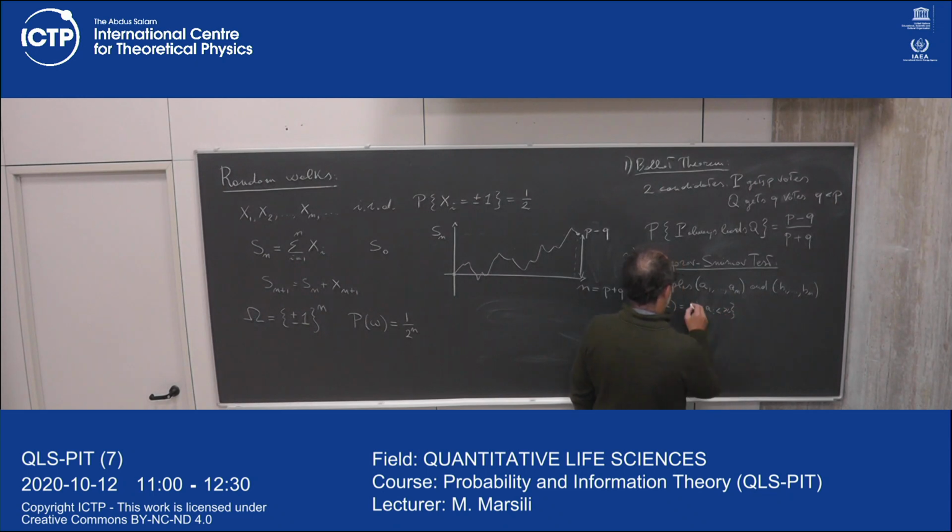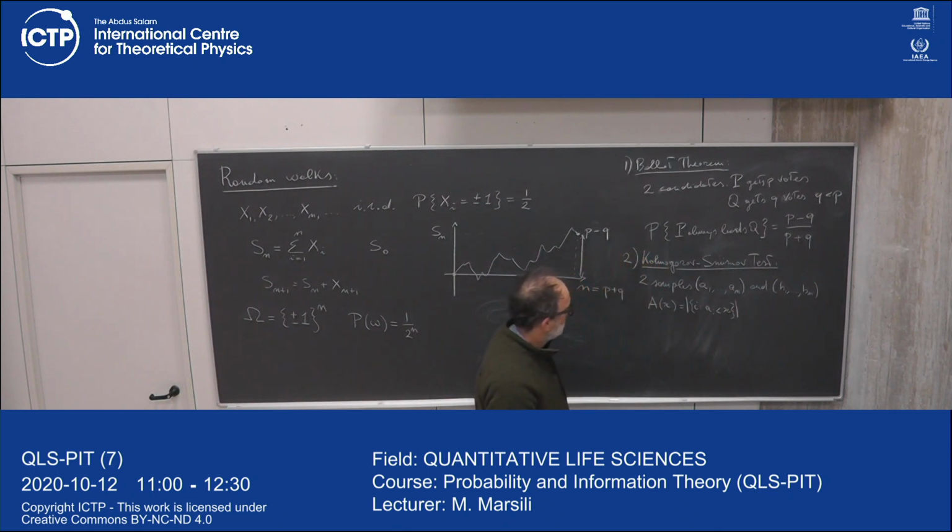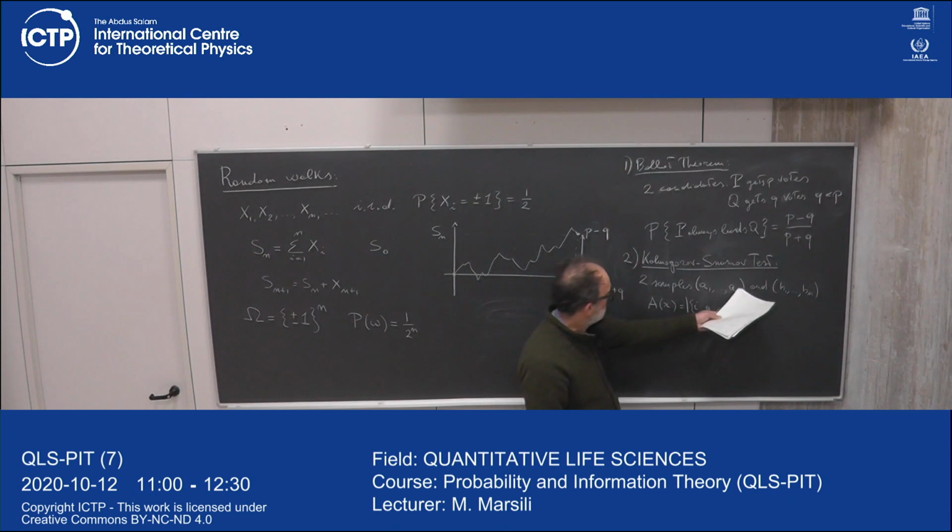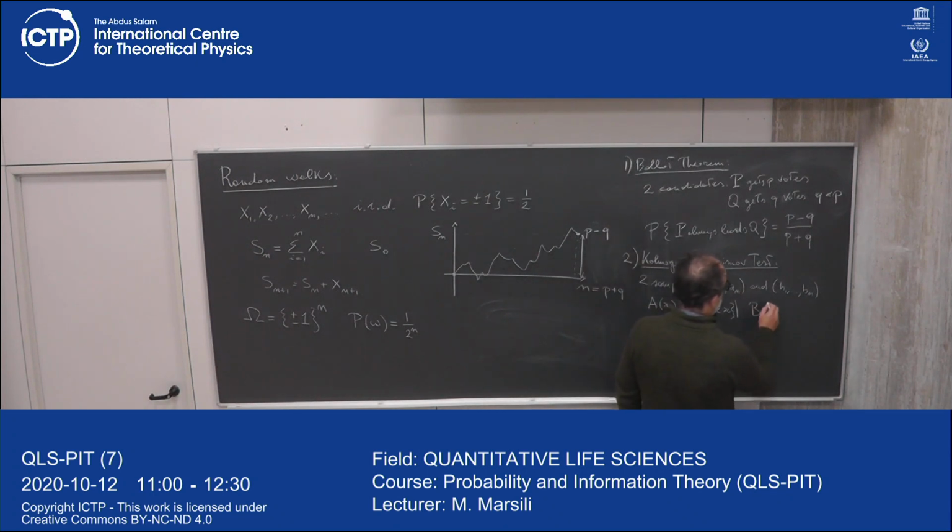So we take this set, the set of i such that A_i is less than a certain value of x, and we count how many of these numbers are less than x. Then we can do the same for B. B of x is the number of i such that B_i is less than x.